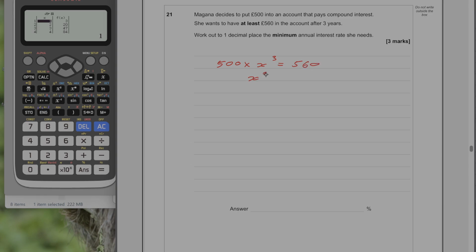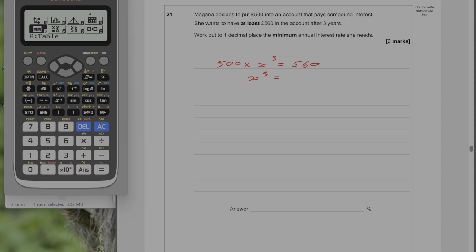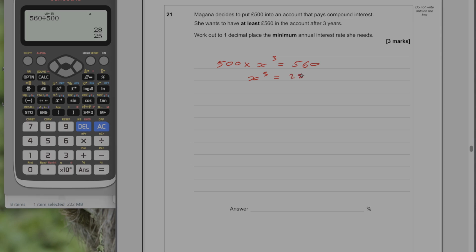So we want x cubed to be equal to 560 divided by 500, which is 28 over 25. So we want to cube root both sides.